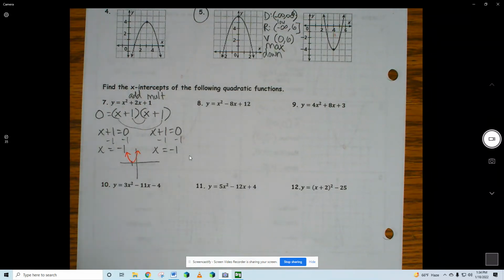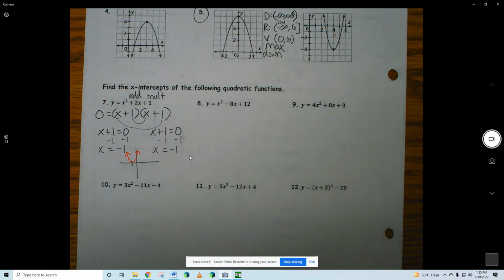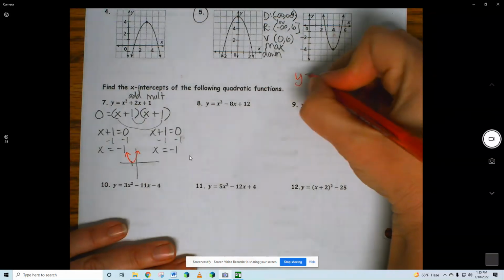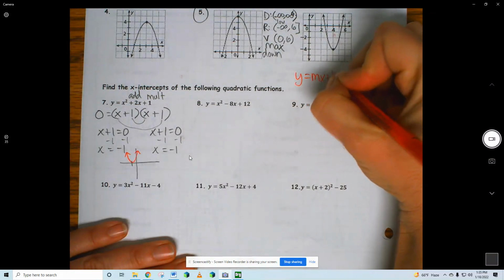Okay. How do we know that these are quadratics? What's the giveaway that these 6 problems are quadratics? The squared. If it doesn't have an x squared, like if it's y equals mx plus b, that's just linear.